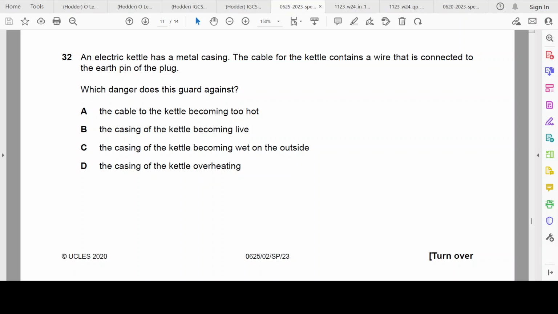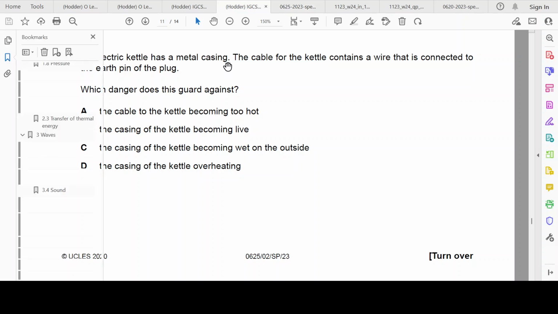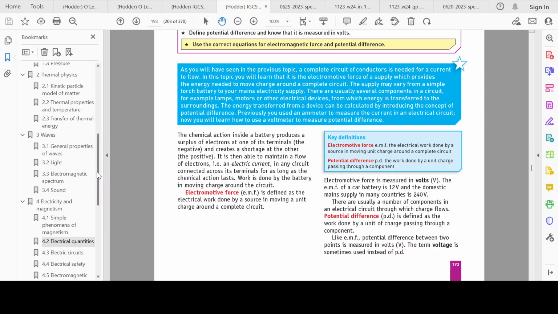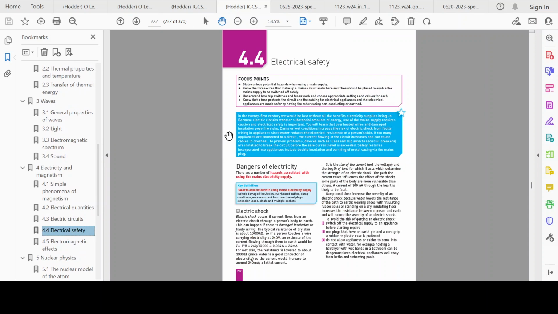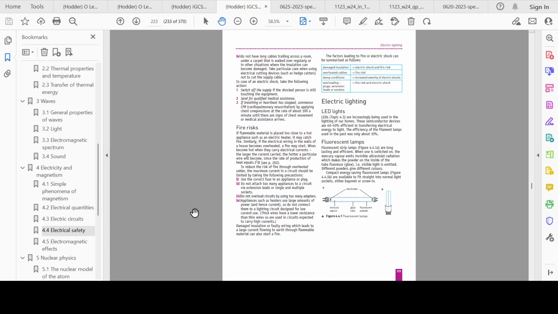So with that concept of earthing, it is given in your book, at the end, I believe. Electrical safety, so electric shock over here, and they should mention earthing.